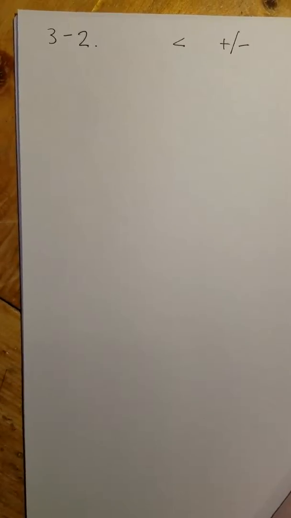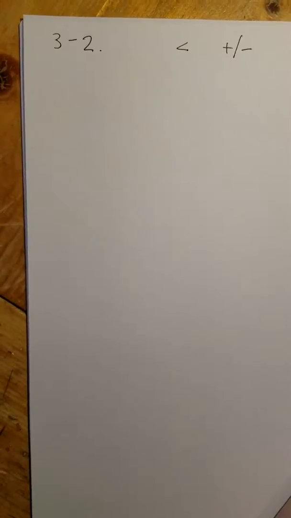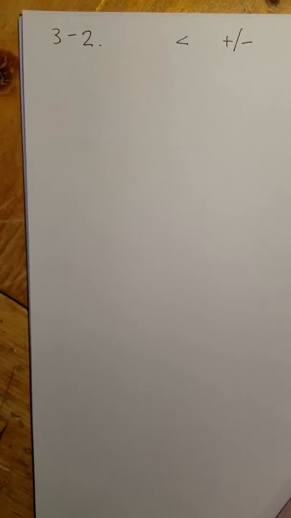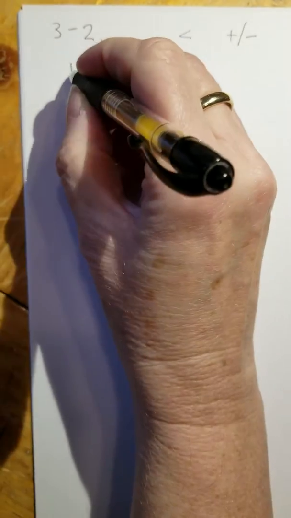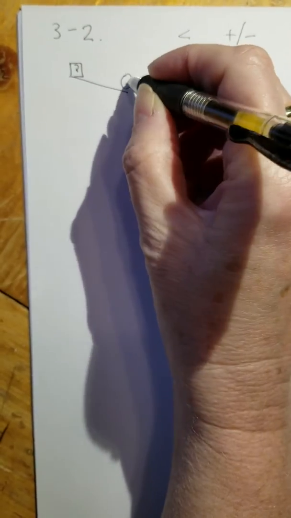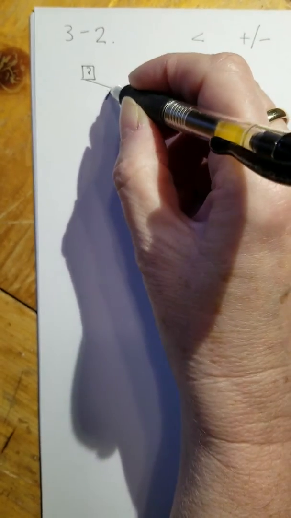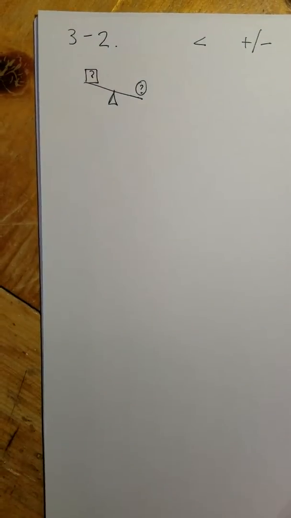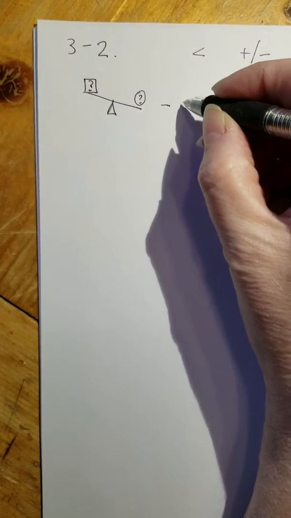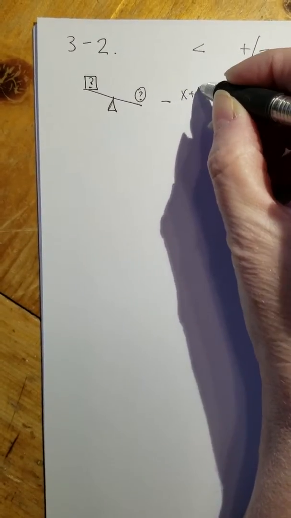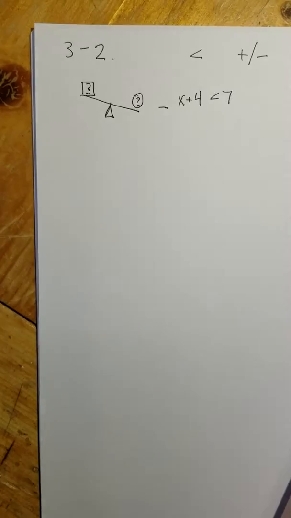We have a little diagram, equivalent inequalities. It has the same solution. So that means if you have an inequality, you can change it or simplify it and it will be the same. For instance, this might be x plus 4 is less than 7.